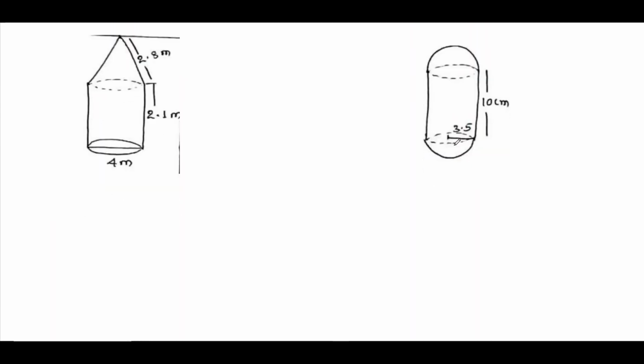Now for this question, what you will find out is CSA of cylinder plus CSA of cone plus this base area pi r square. Students, in examination, calculate the surface area of cylinder separately, the surface area of cone separately and the base separately.